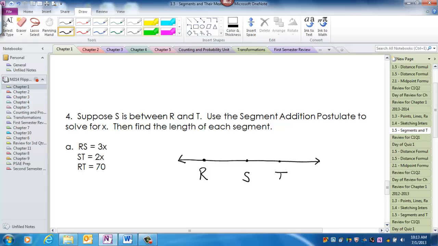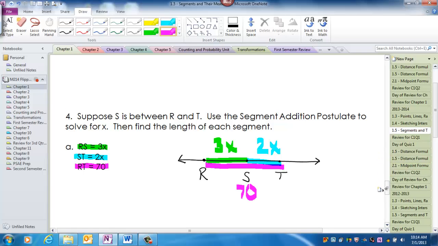Okay, and then let's label here. So R to S, that is 3x units long. S to T is 2x units long. And then R to T, the long segment, is 70 units long.